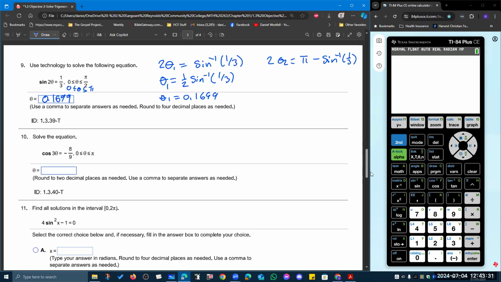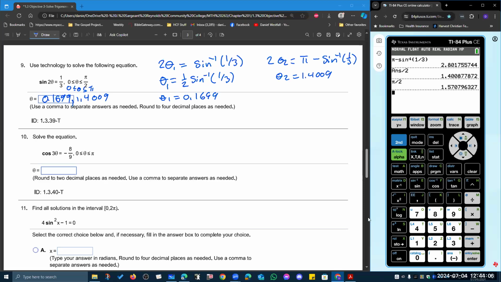So pi minus arc sine of 1/3, and then we're going to divide that by 2. Theta 2 is going to be equal to 1.4009. Just so you can make sure that that's in the realm that we're interested in, there's pi over 2, and that is less than pi over 2.